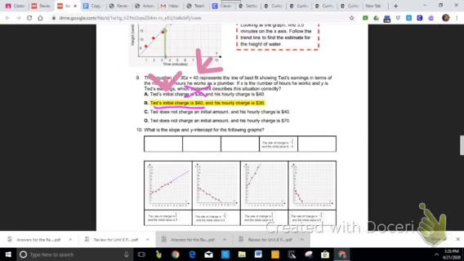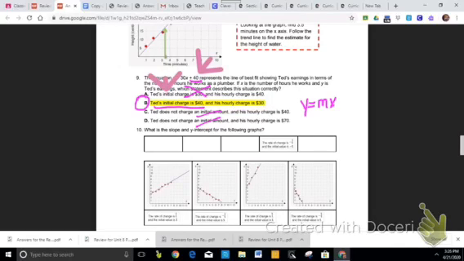But in C, it says Ted does not charge an initial amount. What would an equation without an initial amount look like? It would just be y equals mx. It would not have a b. But we clearly have a b, and it's clearly 40. So C is wrong. And D is wrong because it says the same thing. So our only answer choice is B.